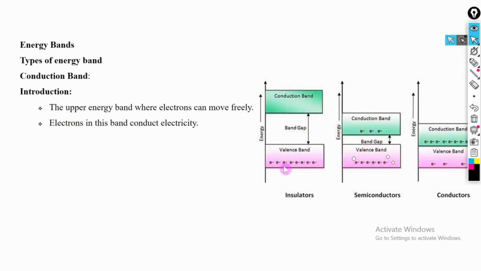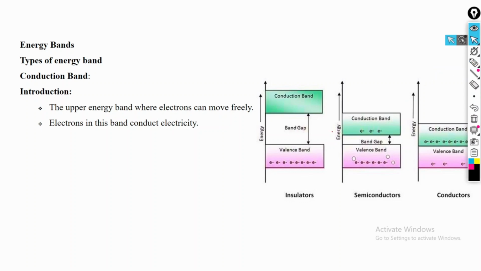So the electron requires up to 15 electron volts to jump from the valence band to the conduction band. Whenever the electron reaches the conduction band, it will conduct electricity.